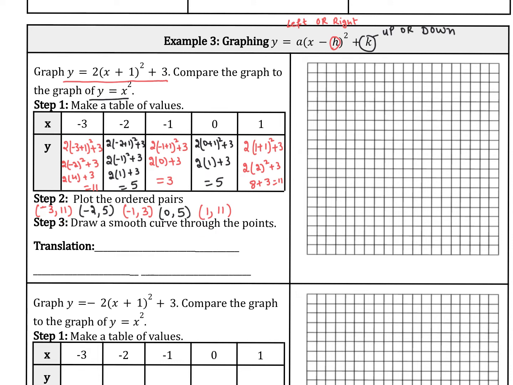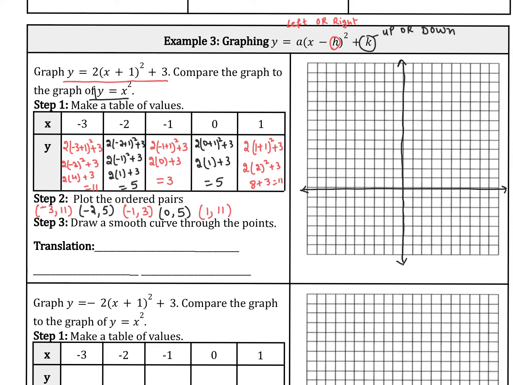So for example, if you have to reach 11, it means that you need to start somewhere from here, and I would make my y-axis first, and then I'm going to make the x-axis.